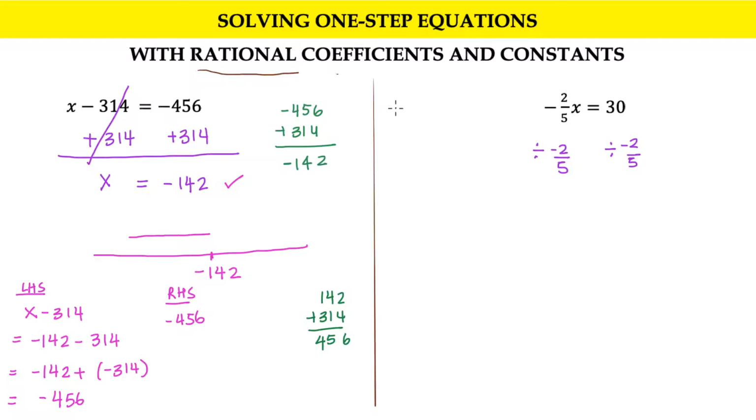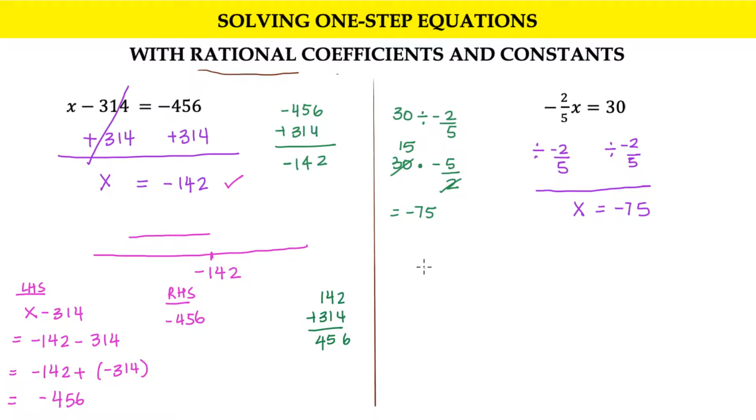I'm going to write it here. 30 divided by negative 2/5 is the same as 30 times negative 5/2. And so this 2 and 30, that's 15. 15 times negative 5 is negative 75. That means 1x, or just x, is equal to negative 75.